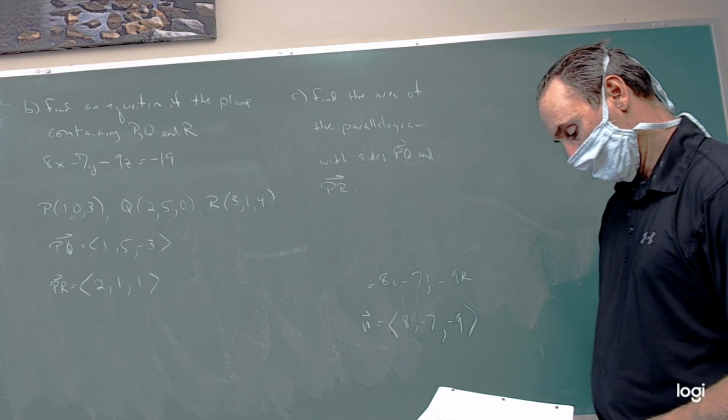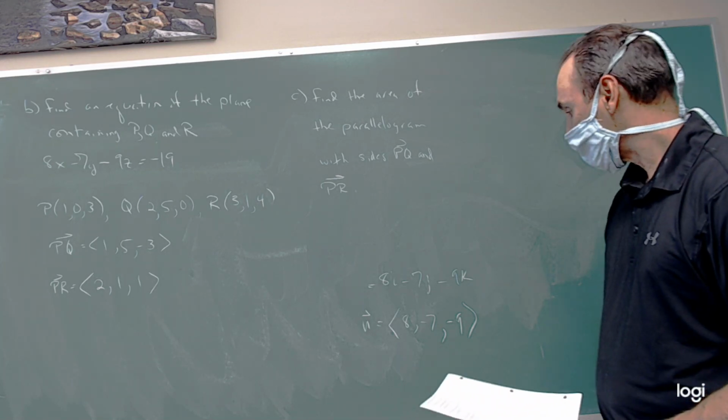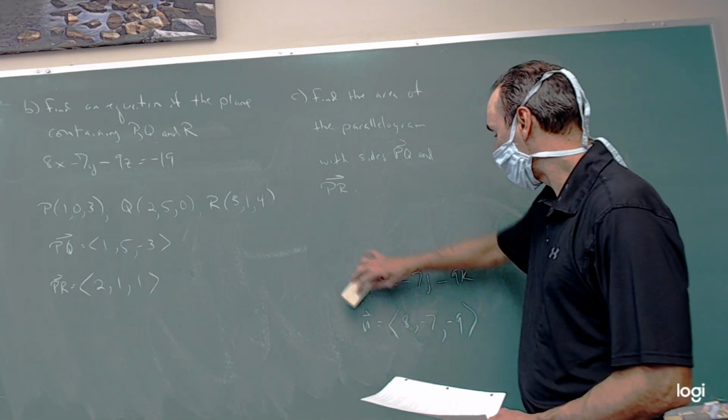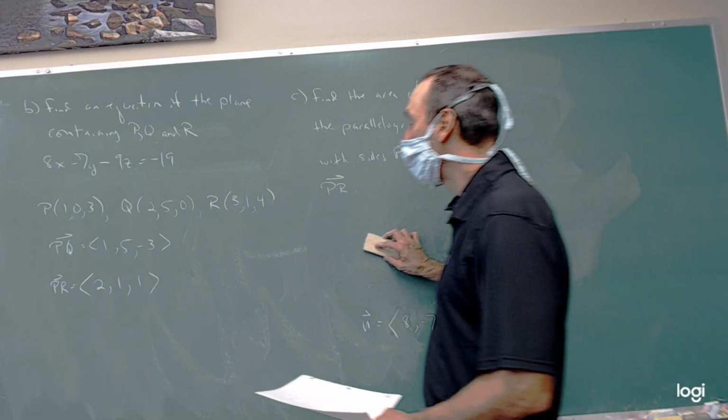It's just the magnitude of it. Yeah, it's the magnitude of it crossed. There's no way that's it. It is not simple. It really is.